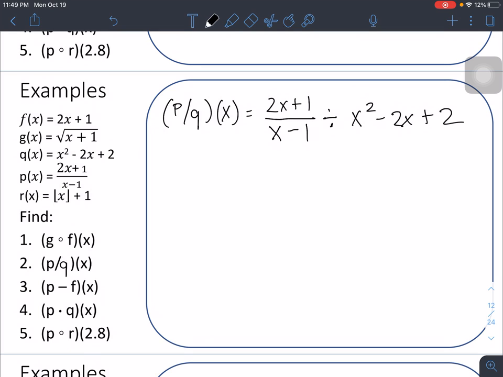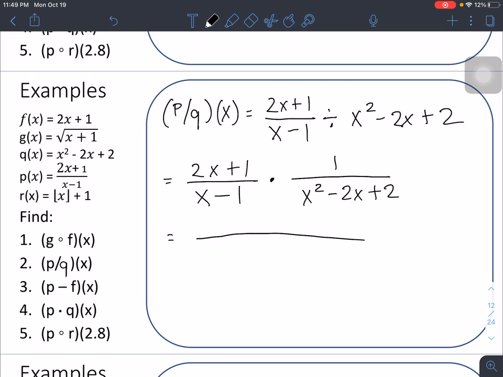So we'd like to reciprocate this one and proceed to multiplication. So this will be 2x plus 1 over x minus 1, change division to multiplication, then 1 over x squared minus 2x plus 2. So our numerator will be 2x plus 1 multiplied by 1, so this will be 2x plus 1. Then x minus 1 multiplied by x squared minus 2x plus 2.